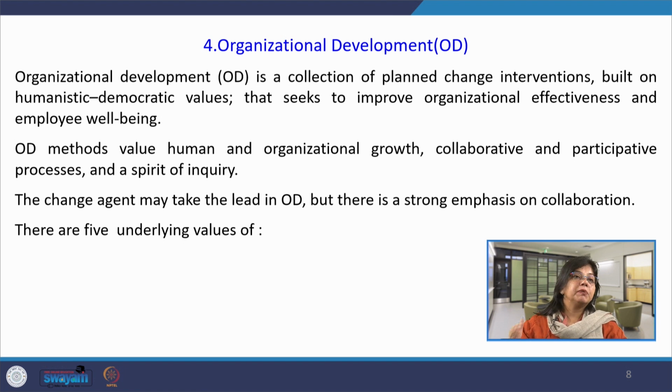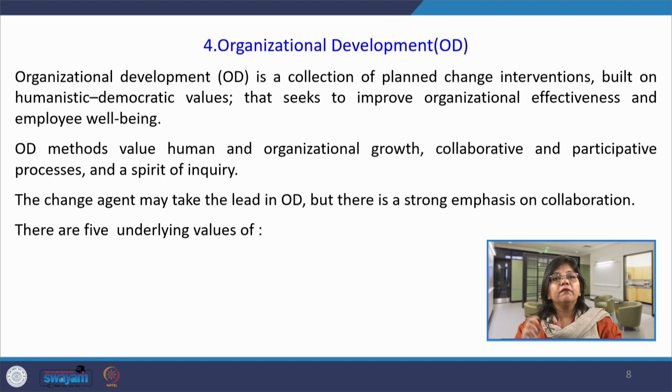That means there is a spirit of inquiry in that they focus on a deliberate need for change, which is very much humanistic and democratic in nature. Therefore, the change agent may take the lead in OD, but there is a strong emphasis on collaboration. Collaboration here means focus on the problem and well-being of employees. So, it is a collaboration of problem and employees.